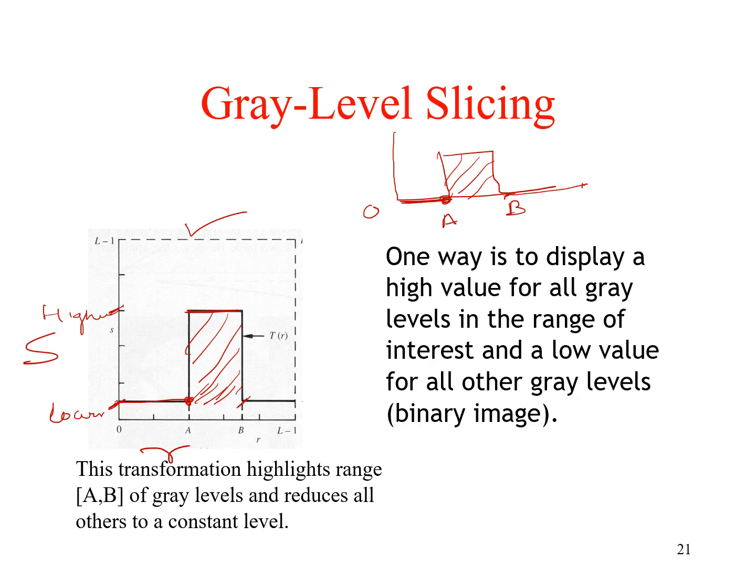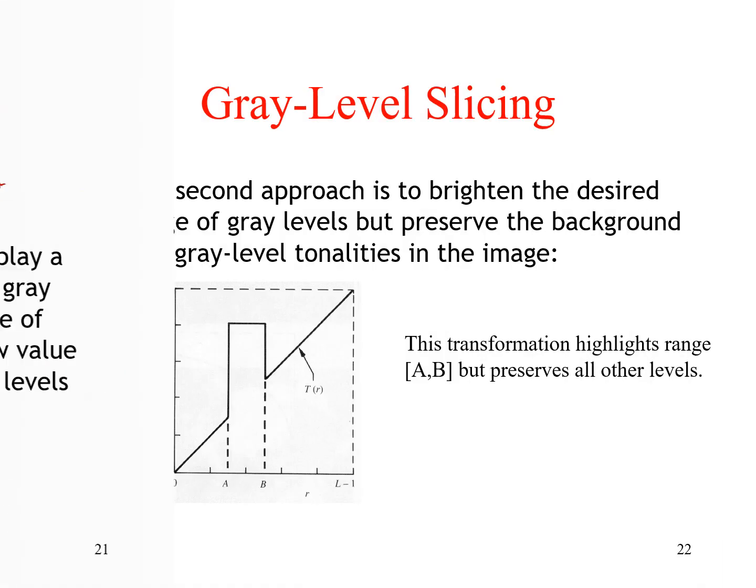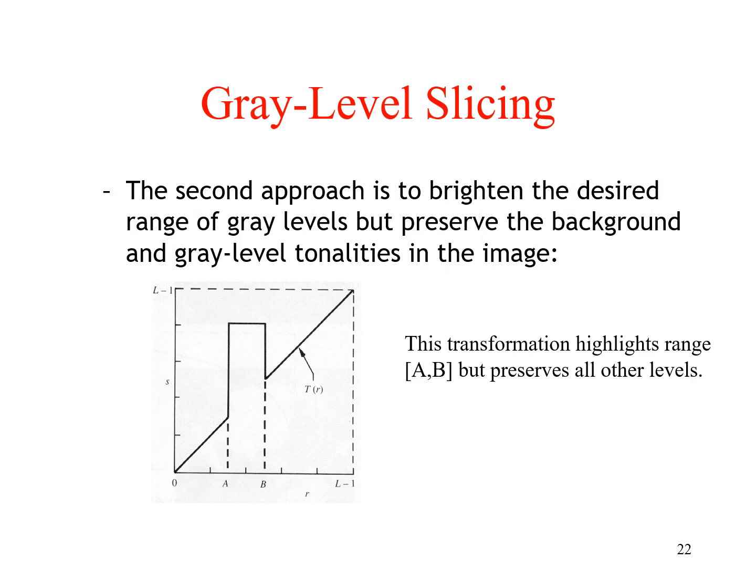So you will get the objects which are falling in this region only, and the background will be black. Why will the background be black? Because we are assigning 0. So again, this will be a binary image, only two levels are there. Now this is without background.